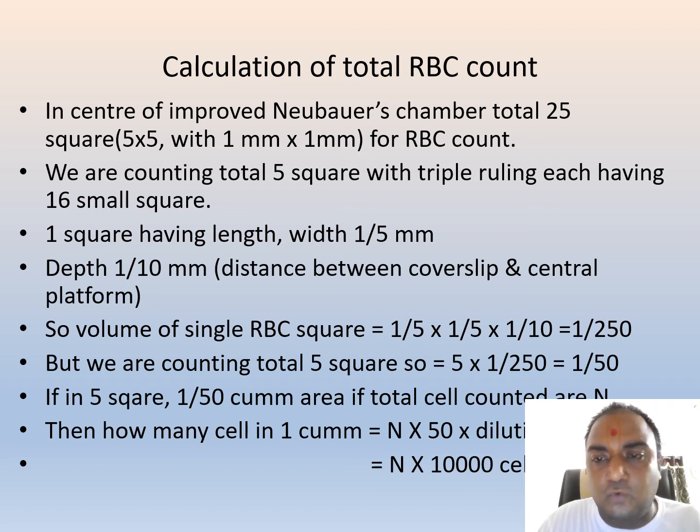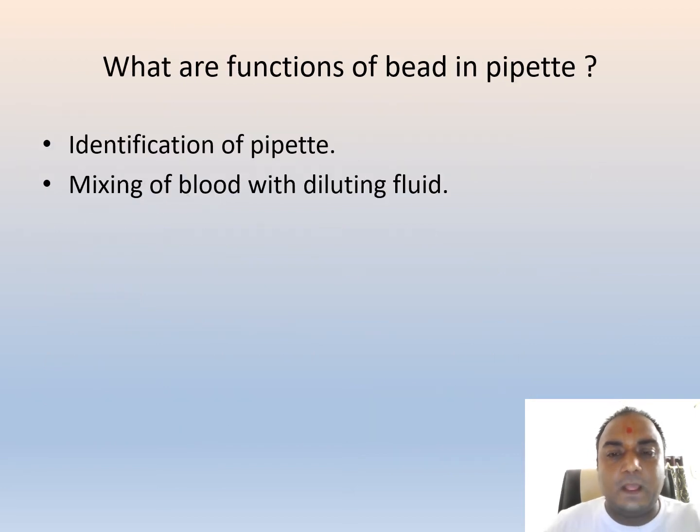The dilution factor, as we have discussed, is 1 in 200, so it is 200 times dilution. So n into 50 into 200 gives the cells per cubic millimeter. That is the final calculation.